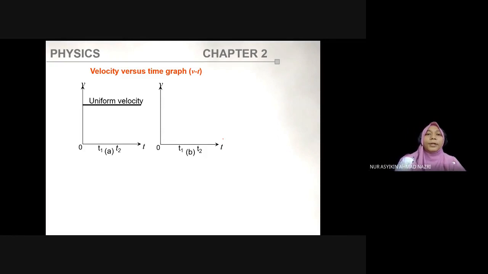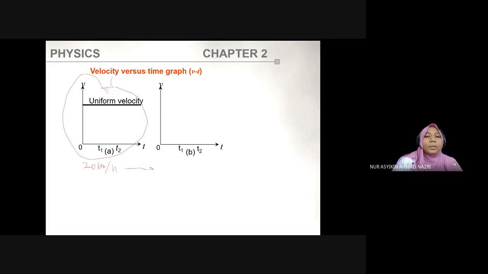Okay, so next one. We represent our motion using velocity versus time graph. Okay, so for this one, let's say we have uniform. This first graph is to represent when you have uniform velocity. Contoh bawa kereta dalam jam 20 km per hour.